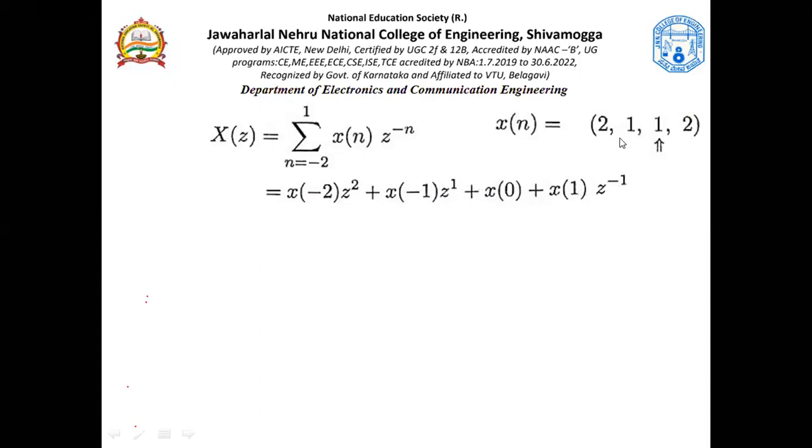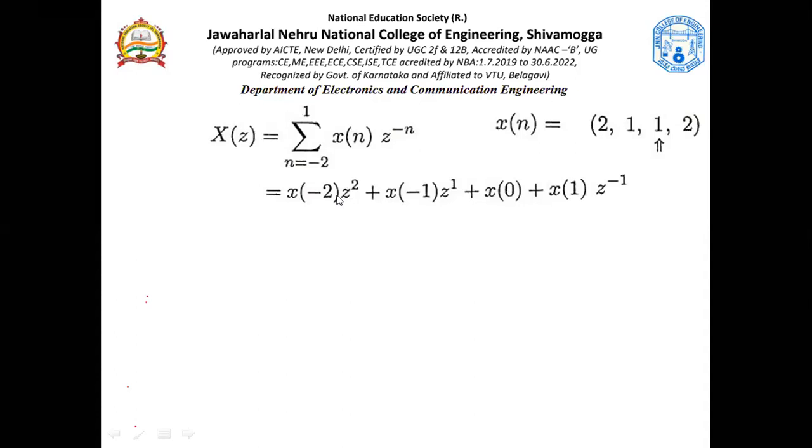For left-sided samples, you'll have positive powers of z because it is z to the power minus of -2, z to the power minus of -1. For right-sided samples, you'll have negative powers of z because it is z to the power -n, and n is 1 for this, so it is -1. So this is the right-sided sample, and this is the left-sided sample.